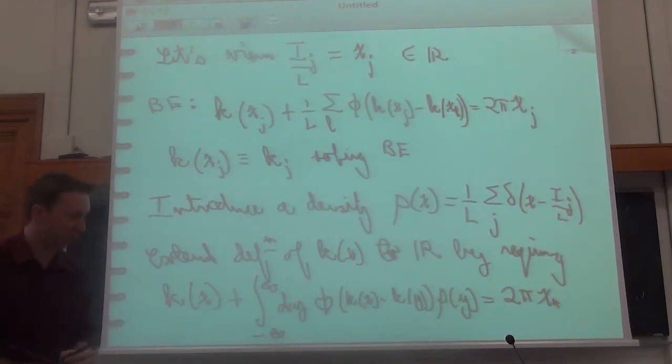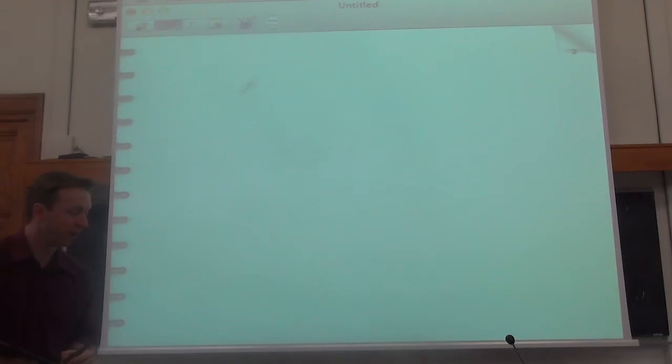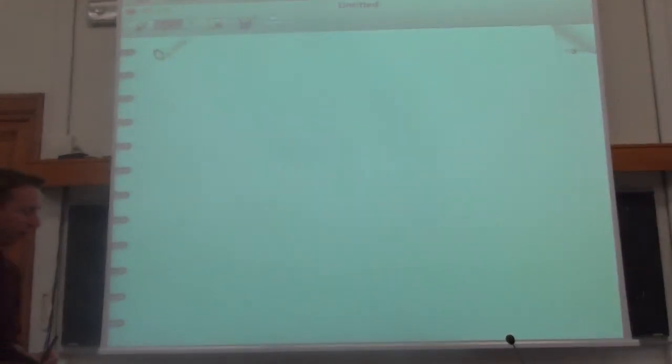So what we do really is that we define other densities. The first one is this density of holes, rho hole of x, 1 over L.